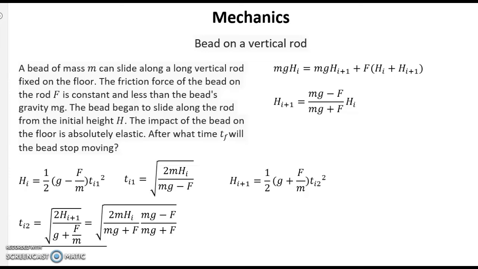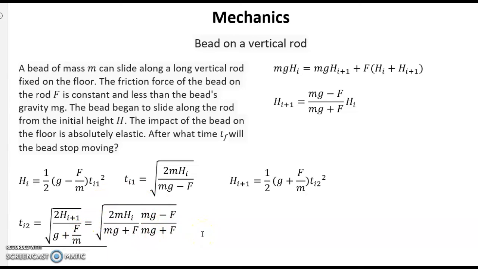So in total we have the time same as for the previous expression, but with a new acceleration. And also we know what is height h_i+1. That was this one. When we insert this expression in this formula, we will get this one.